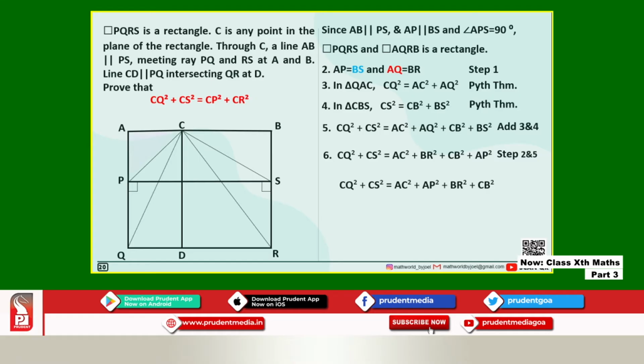Okay. Now, look at this triangle back again. If you realize that AC square is one side of the triangle, AP square is another side, and when I add, I can use Pythagoras theorem to write the sum of both as CP square, because that's how Pythagoras theorem tells us, right?